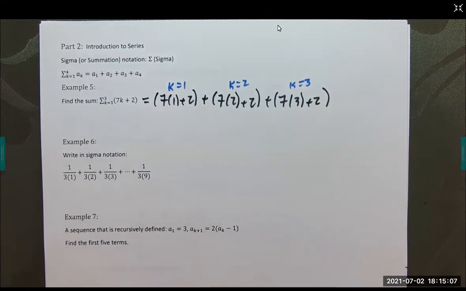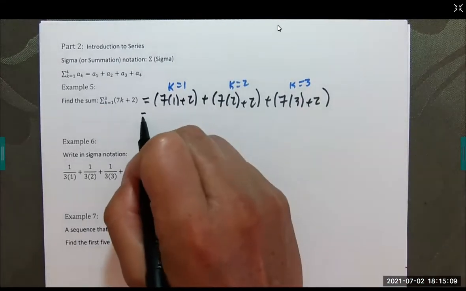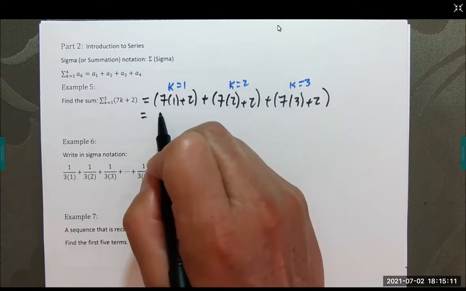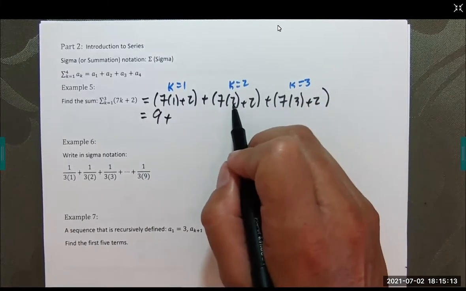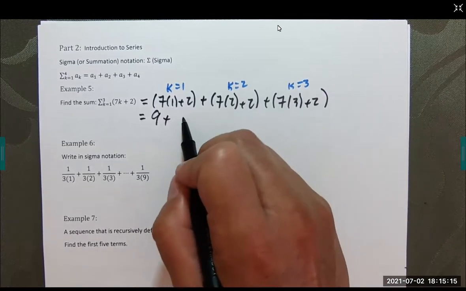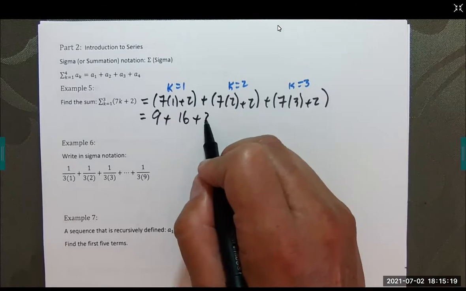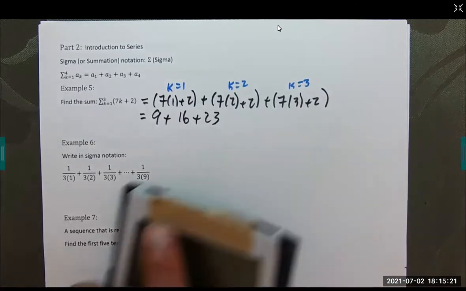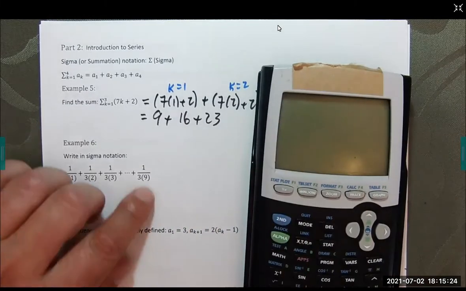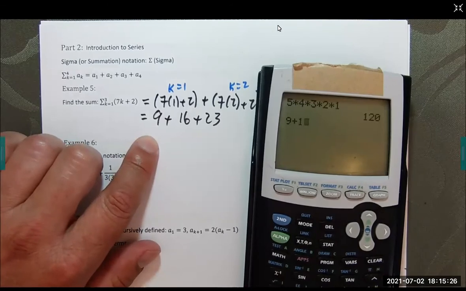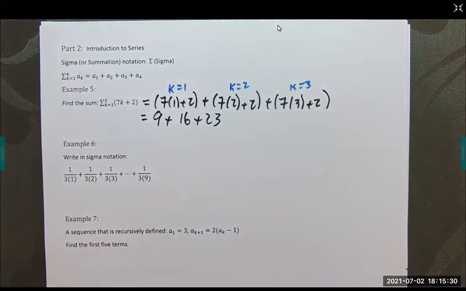So now we need to get all these together. So 7 times 1 is 7, plus 2 is 9, 14, 15, 16, 21, 22, 23. So 9 plus 16 plus 23. So we're looking at 48.